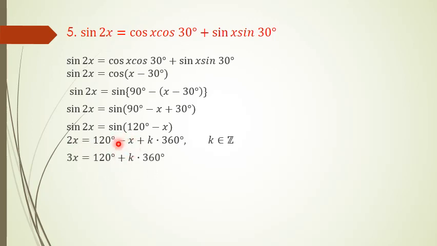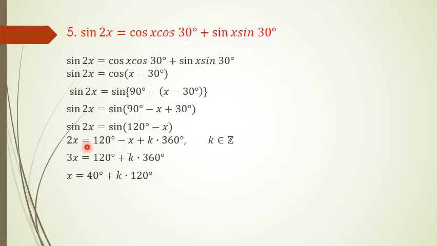Then taking minus x across to the left, we have 2x plus x, giving us 3x equal to 120 degrees plus k times 360 degrees. And dividing through by 3, we obtain the simplified general solution as x equal to 40 degrees plus k times 120 degrees.